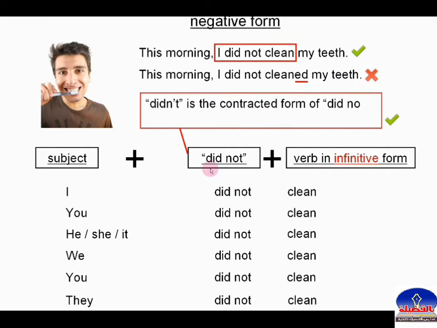And we can say did not, or we can say didn't. Didn't is the contracted form of did not. So, example, we can say I didn't clean, you didn't clean. The meaning is the same, and we often use the contracted form in spoken English when we speak.